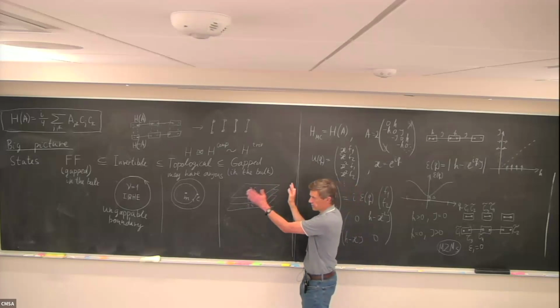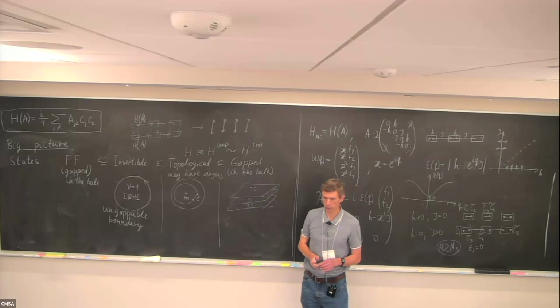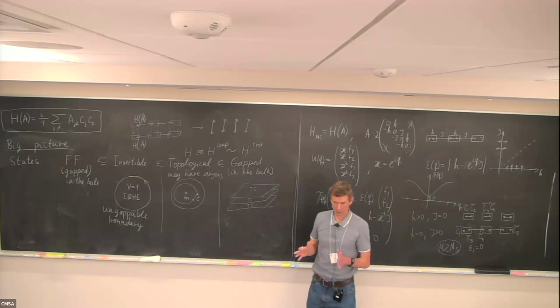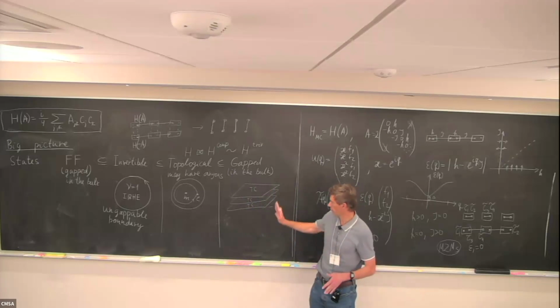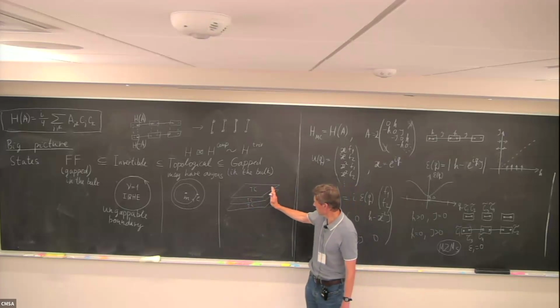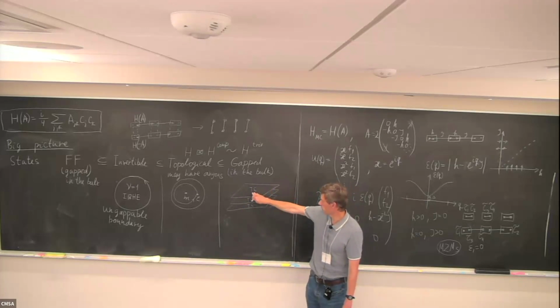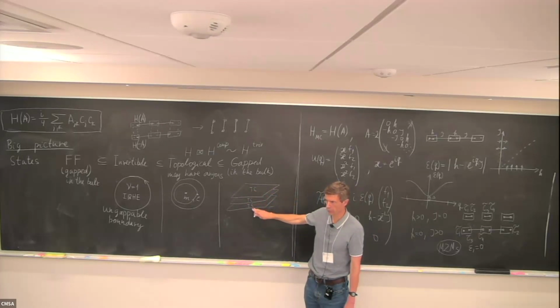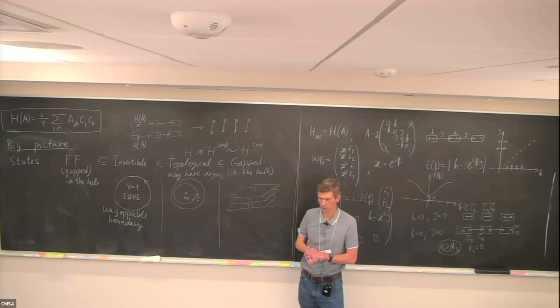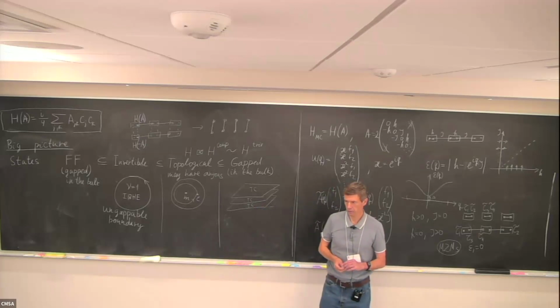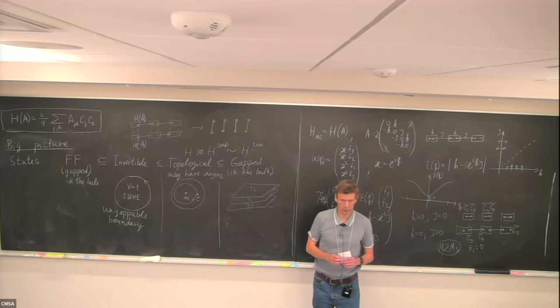If we close up the system and make a torus cross interval, the result is very sensitive to the exact matching between the left boundary and the right boundary. If we match it with a shift by one layer, the spectrum will be totally different. If we match exactly, there will be many copies of the toric code. If we match with a shift, there will be just one copy of the torus.